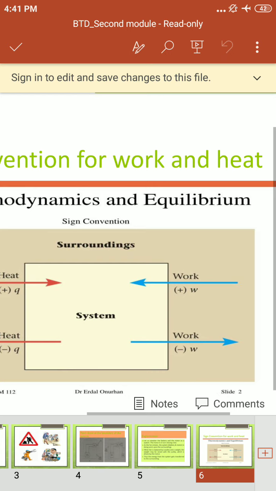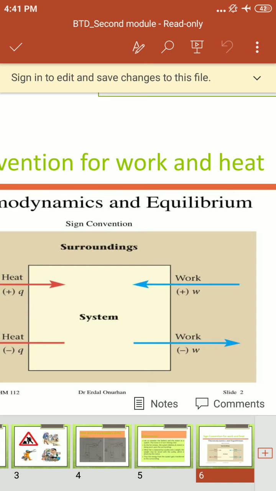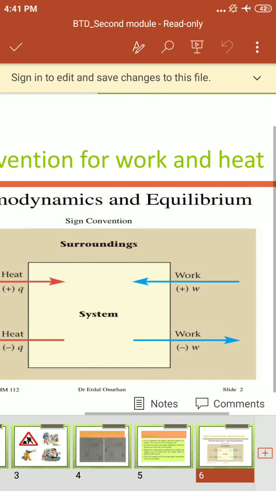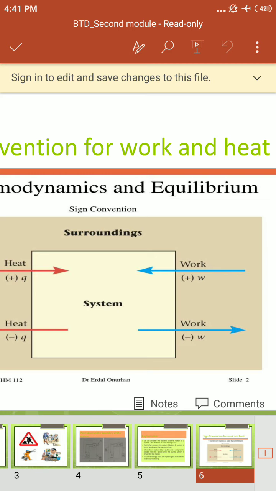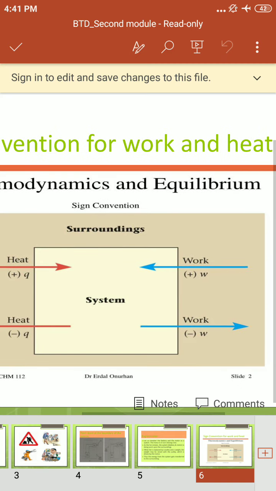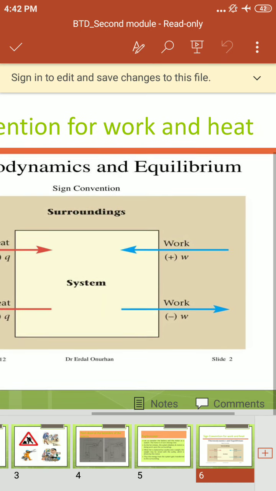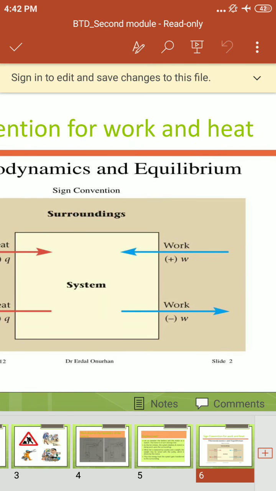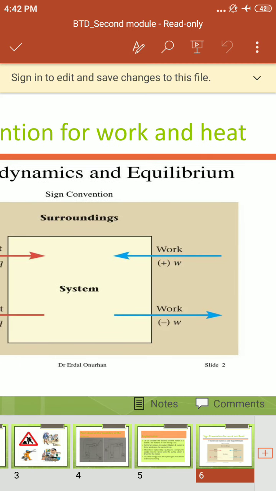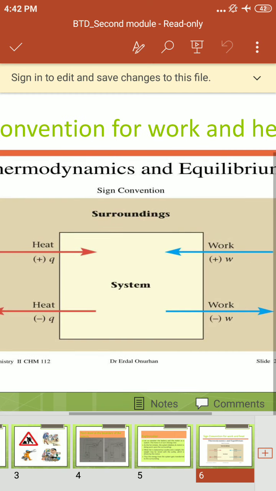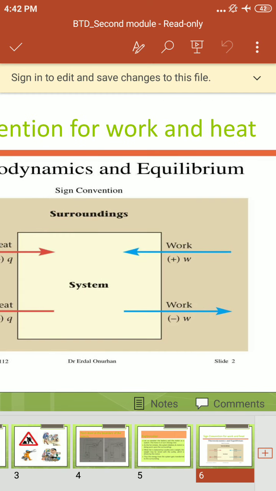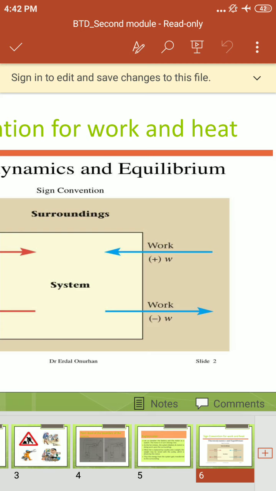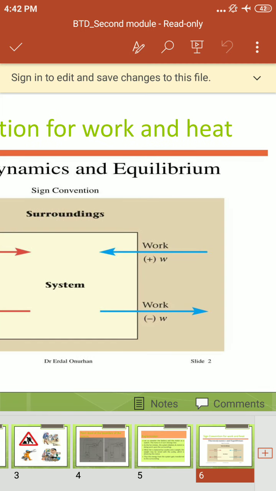When work is done by the system, we say it is positive. The other side: when work is done on the system, we take that as negative. Just remember that work done by the system is positive, and work done on the system is negative.